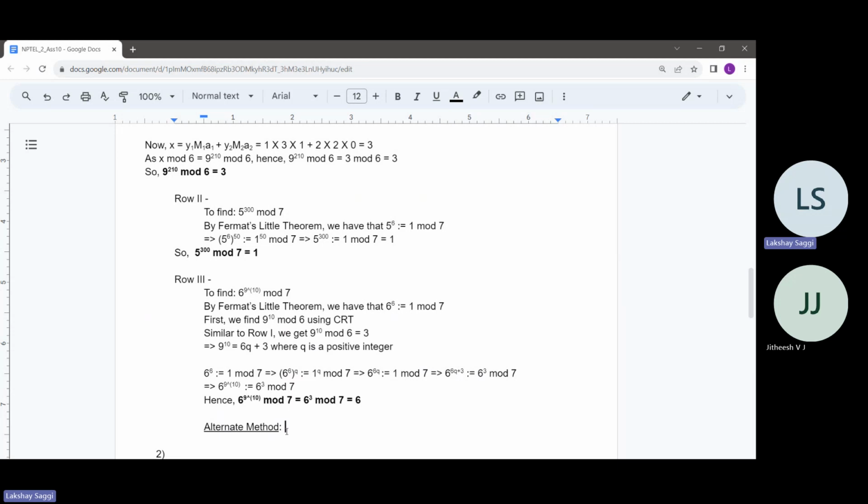So alternate method is something like 6 raised to the power mod 7 is nothing but -1. Maybe I should just copy this first.